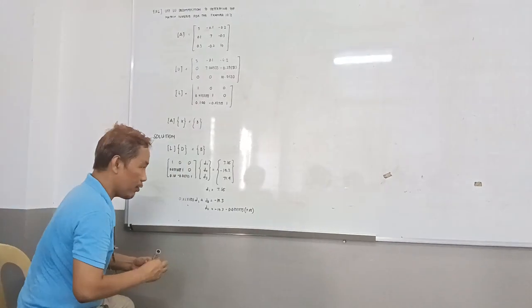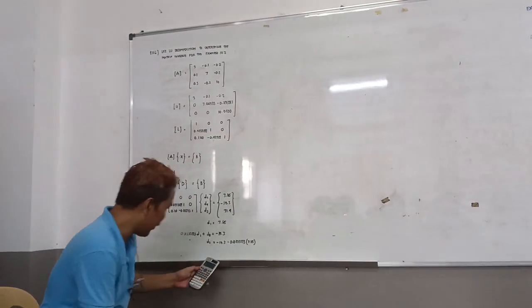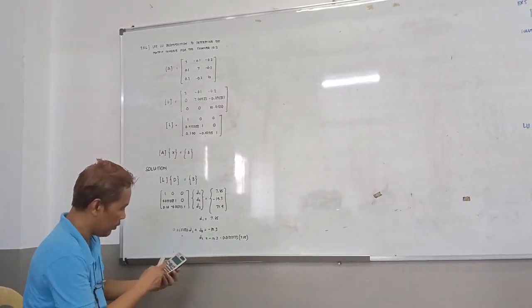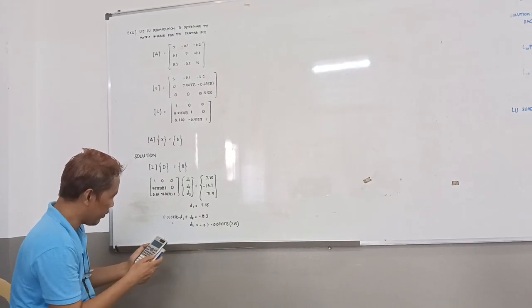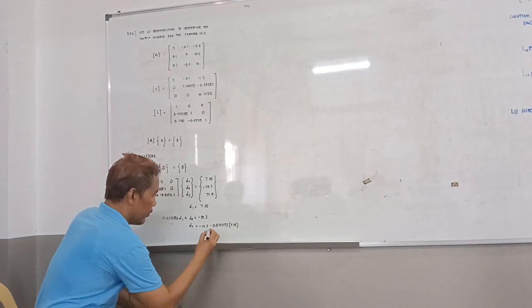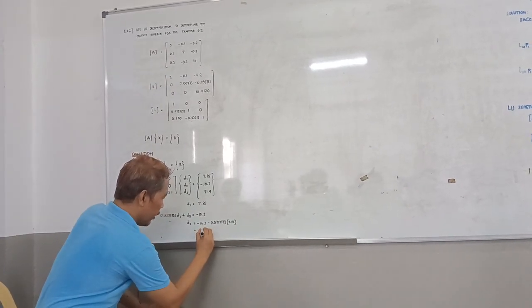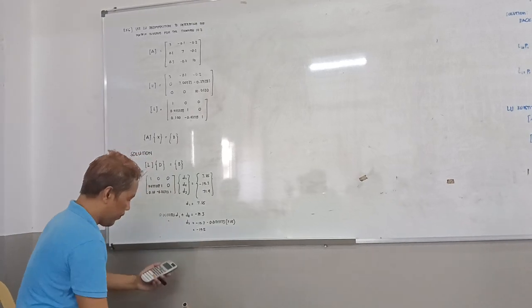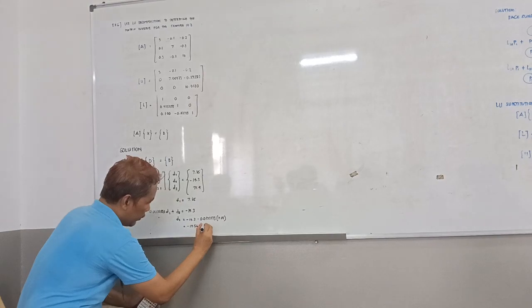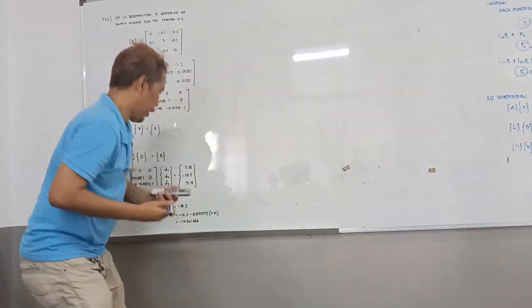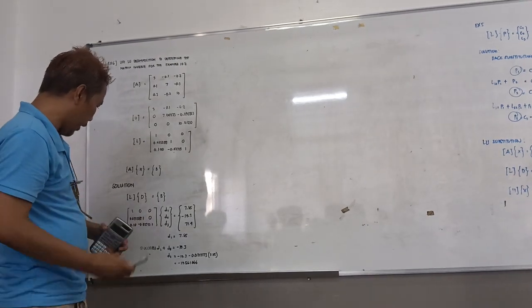Please check in your calculator. The answer would be negative 19.561666. And then the last one, we are going to find the value of D3.